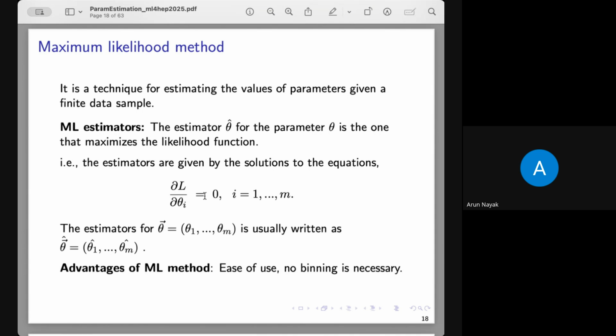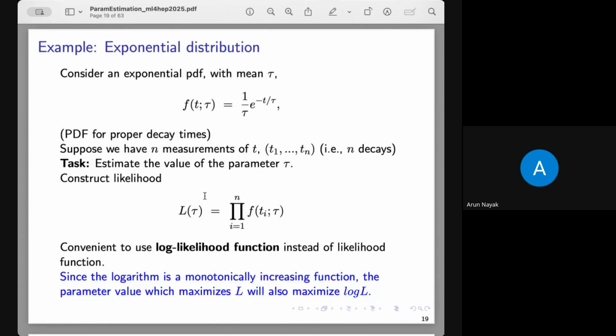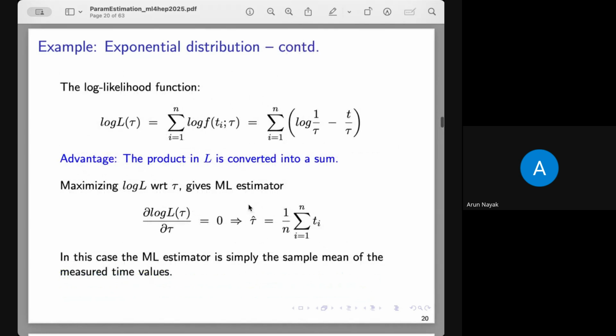That's a bit easier. We gave some examples like the exponential distribution, where it is possible to maximize the log likelihood analytically, and using the analytic maximization, you can obtain the maximum likelihood estimator for its parameter tau, which is just the sample mean.